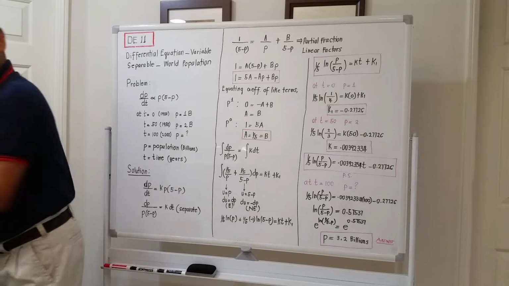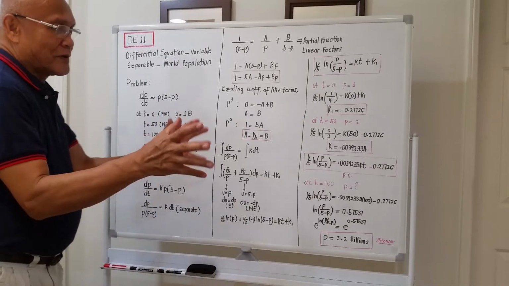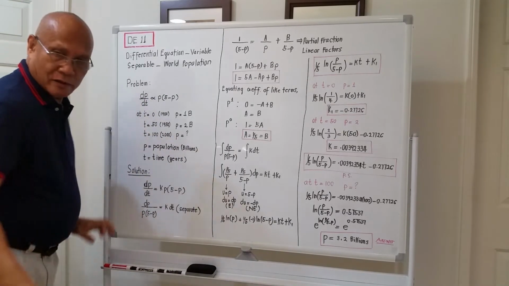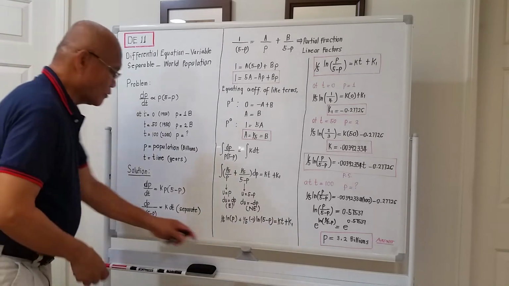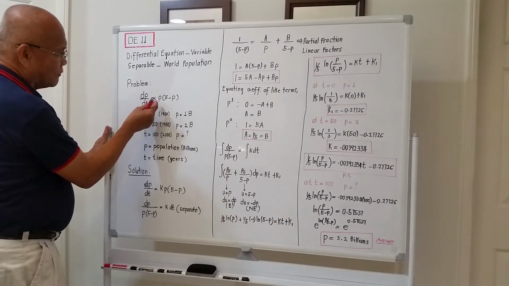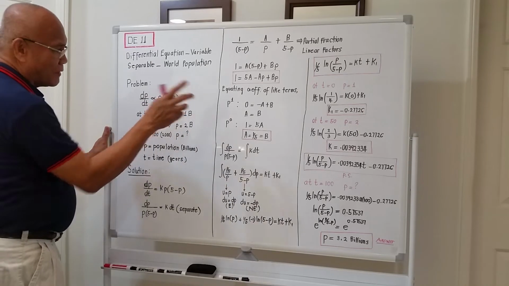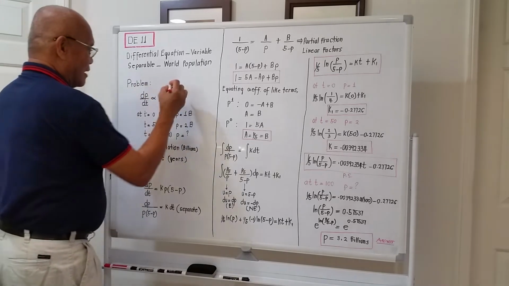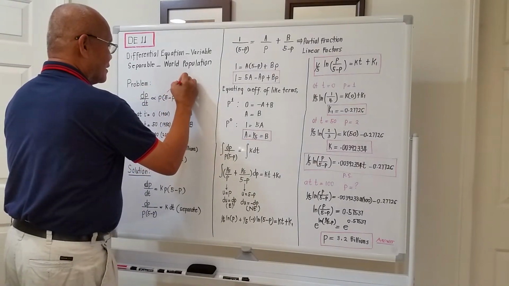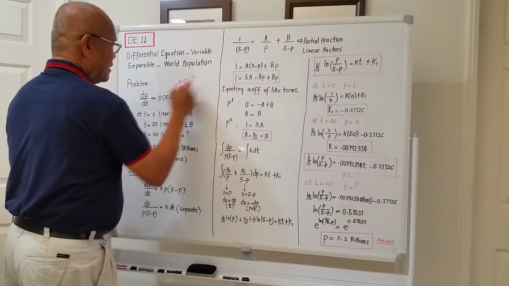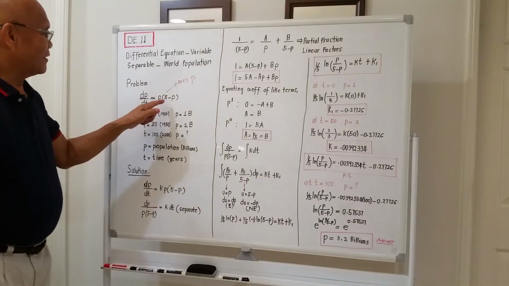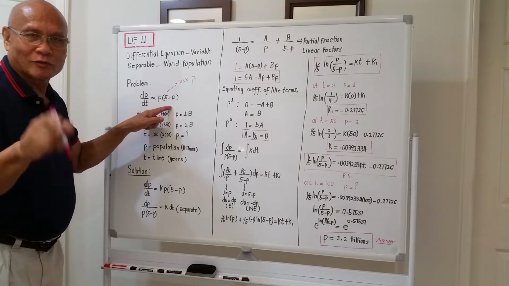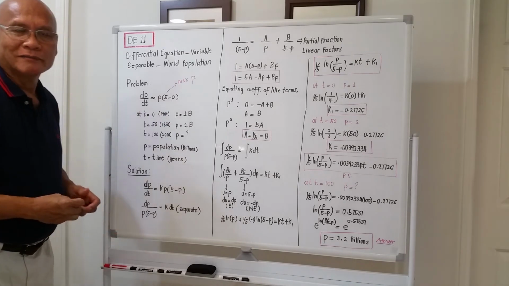Okay guys, let's proceed. The problem says that the rate of increase of population with respect to time is directly proportional to the population and the difference between the maximum population, 5 billion, minus P. Scientists predict that the maximum population is only 5 billion. I think there is a little problem over here because I googled the population for year 2022, and it's already 7.7 billion.